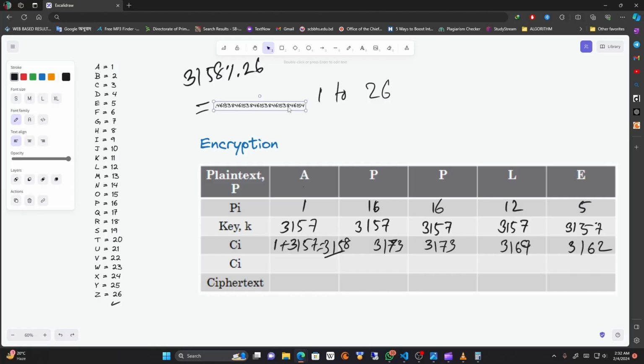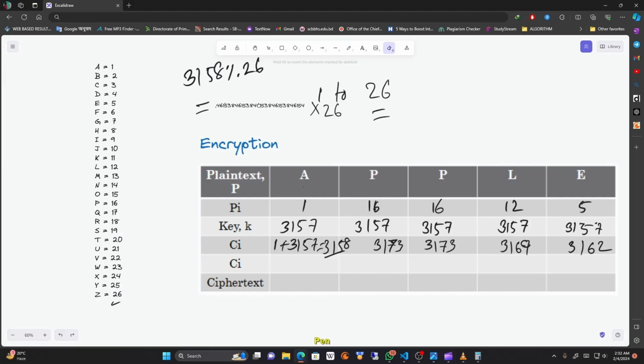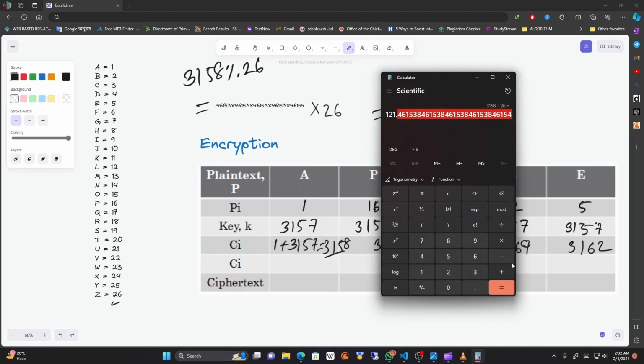Now we just need to take this fraction value and multiply it with 26. So we do 3158 divided by 26, minus 21, into 26.